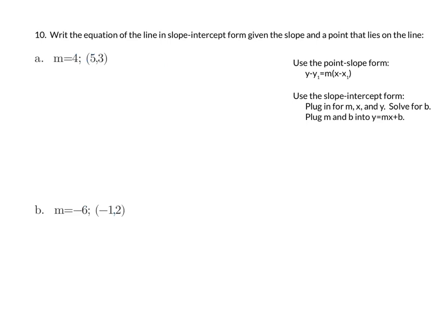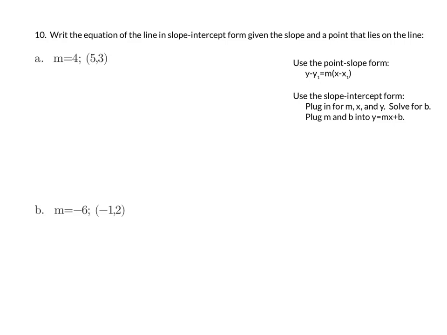So I'm going to show you 2 ways to do this problem, and then depending on how good your memory is, you can decide which one you like better. So for this problem, we want to write the equation of the line in slope-intercept form given the slope and a point that lies on the line that is not the y-intercept.